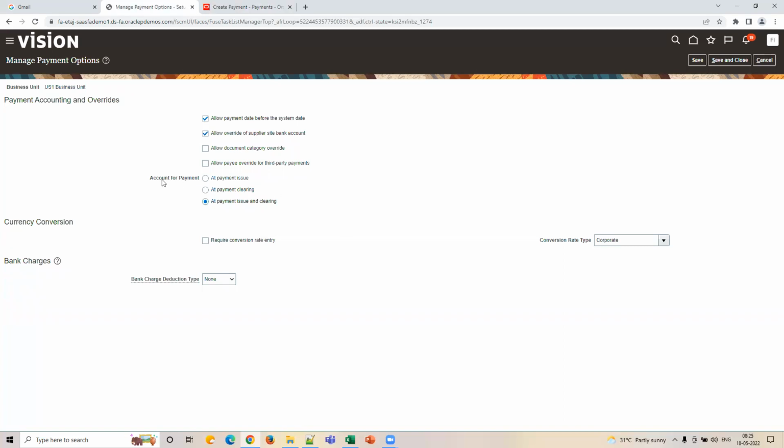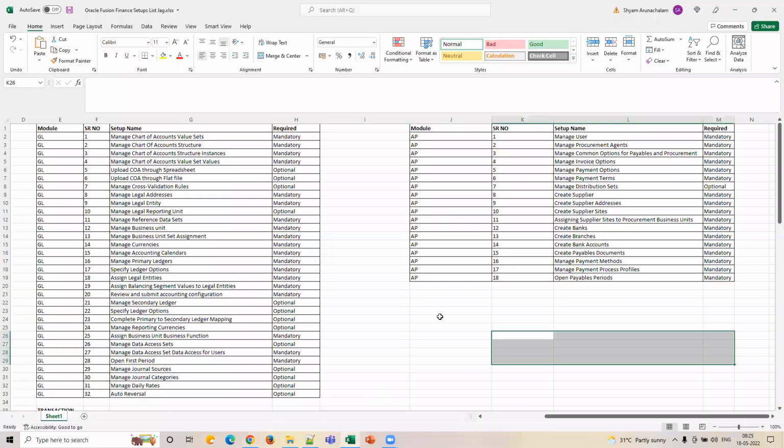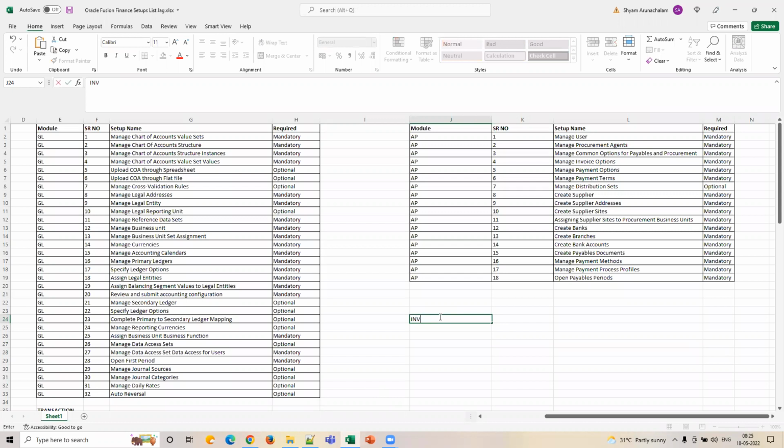Then here, this is one key important option. I will tell you. So basically, understand this is an invoice. What will be your debit and credit? This is debit. This is credit.